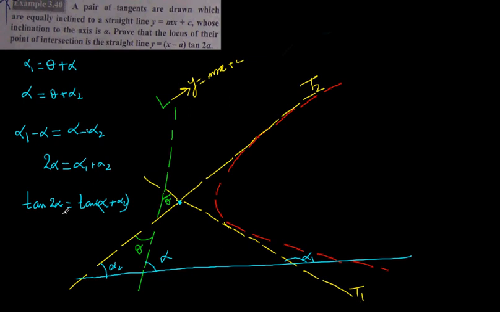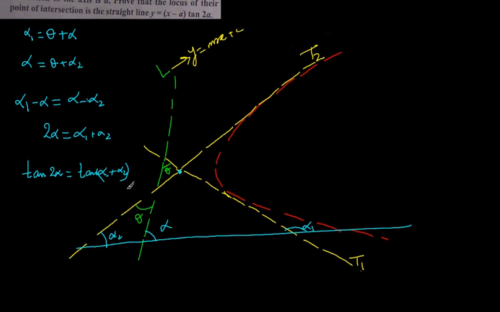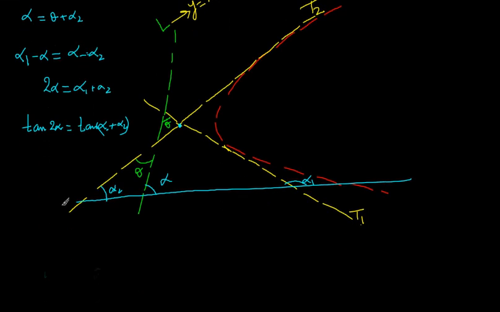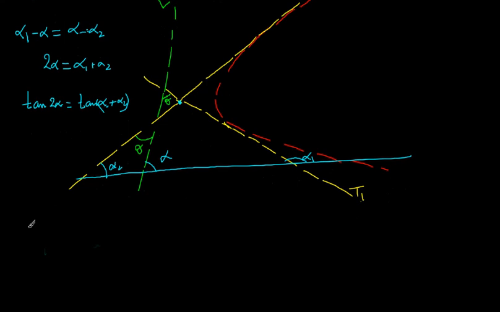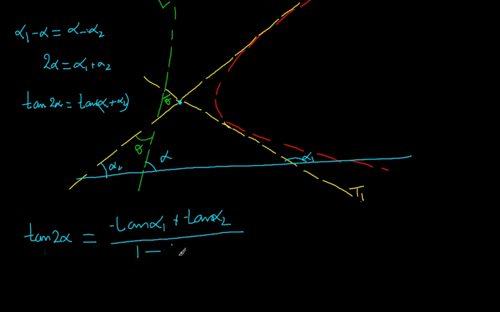If you want to write it in a better way, tan 2 alpha should be equal to tan alpha 1 plus tan alpha 2, divided by 1 minus tan alpha 1 into tan alpha 2.